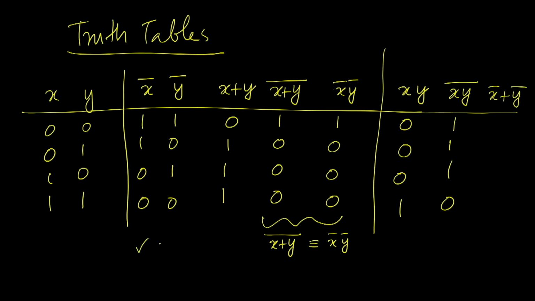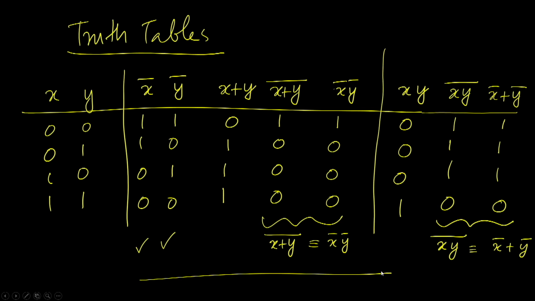We have x bar here and y bar here. If you take the OR of them, you get 1 here, 1 here, 1 here and 0 here. So you find that they again correspond, these two columns correspond. So the complement of x and y is equivalent to the OR of x bar and y bar.